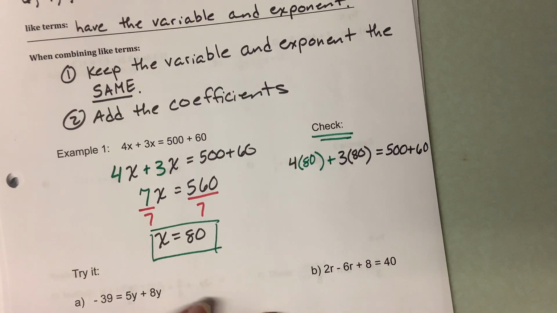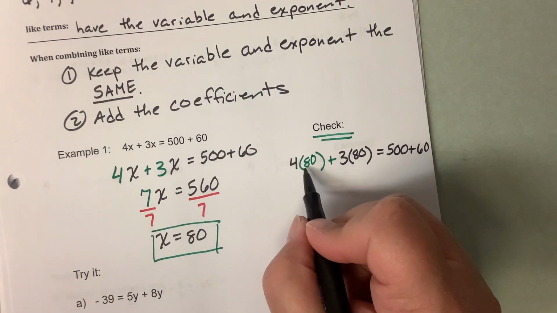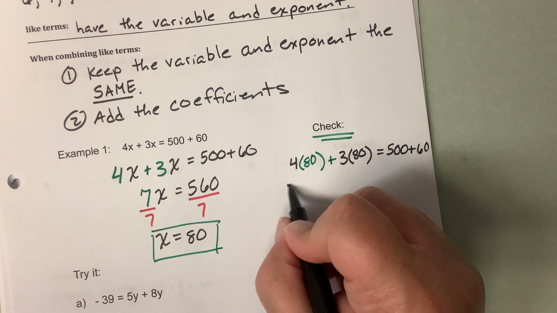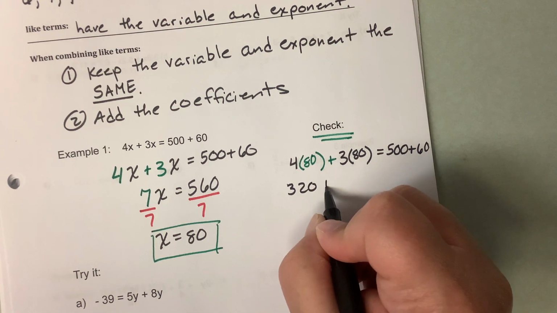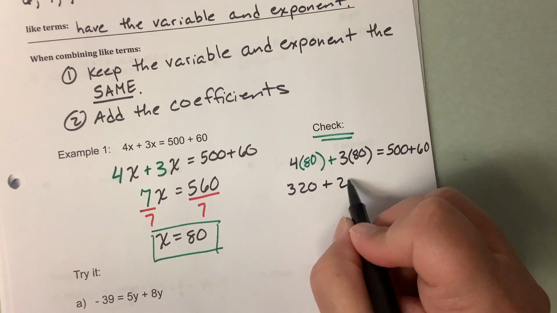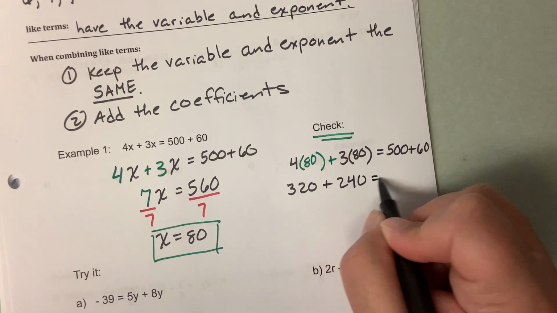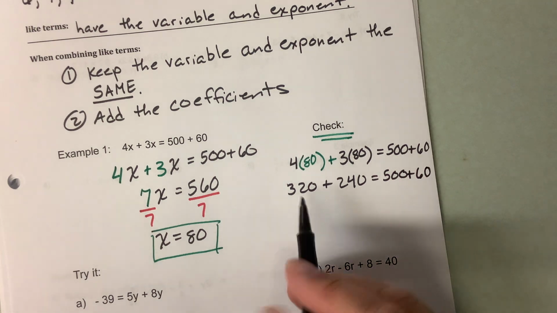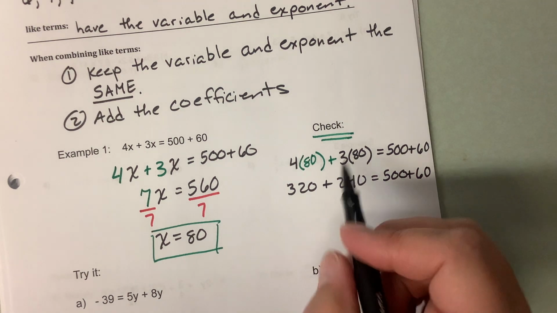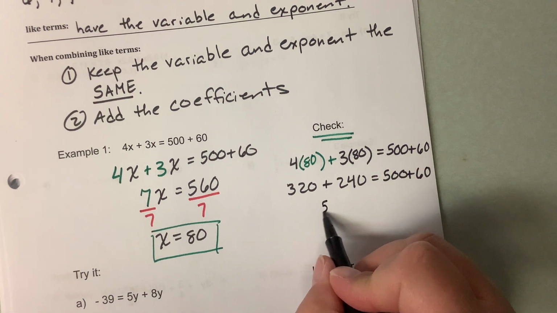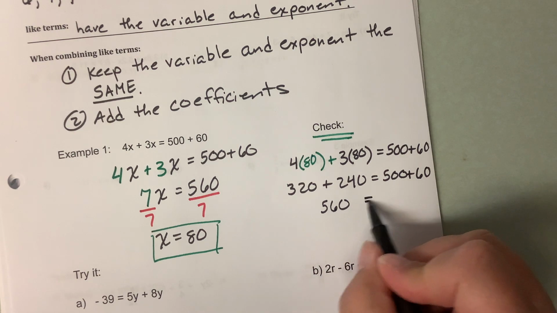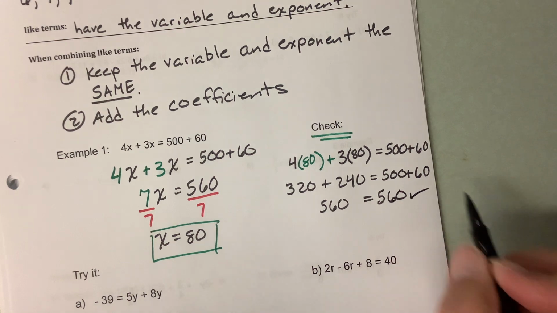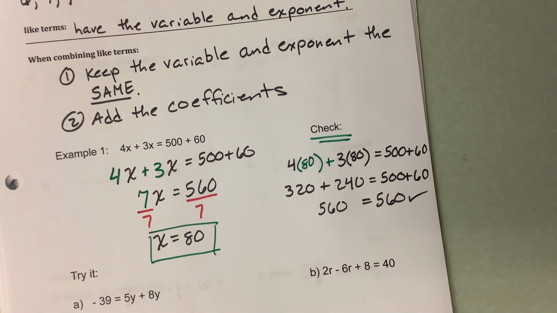Order of operations, multiply first. 4 times 80 is 320, plus 3 times 80 is 240, equals 500 plus 60. 320 and 240 is 560, and that equals 500 plus 60, 560. So that checks. All right.